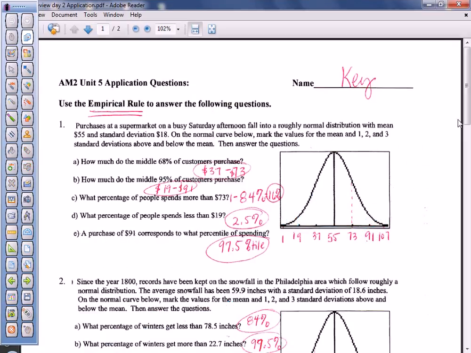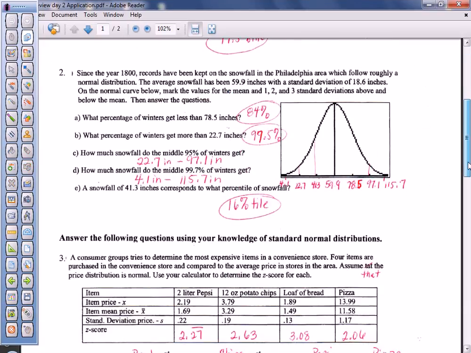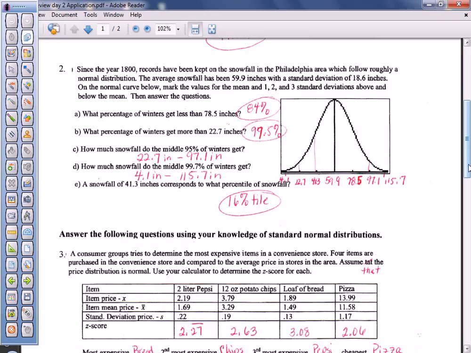Okay. Now let's look at number 2. The exact same type of question, except we're labeling differently. And this should be 97.5 here, guys. I started to write down the incorrect answer. Okay.